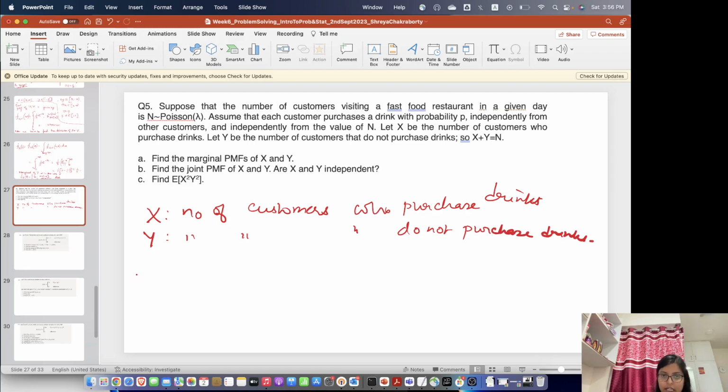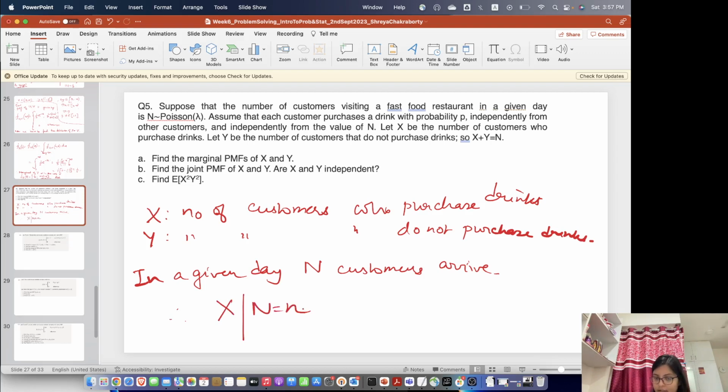Now in a given day, n customers arrive. Therefore x given n equal to n customers have arrived in a particular day and they have purchased drinks follows a binomial n, p. Out of the n customers, this is like probability of success and probability of failure.